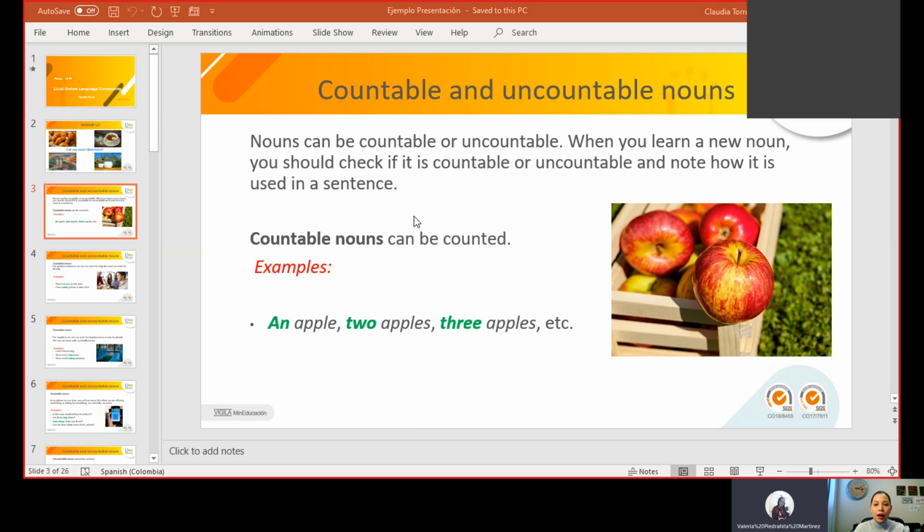Apples is a noun that you can use without a quantifier to make the plural, but for uncountable nouns like tea, to make the plural, you always need a quantifier.